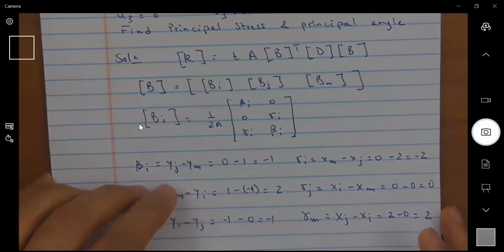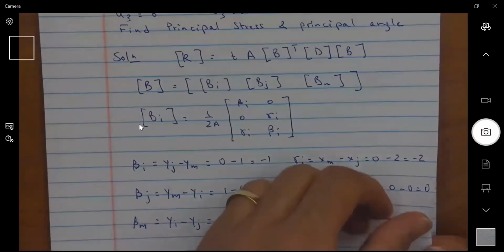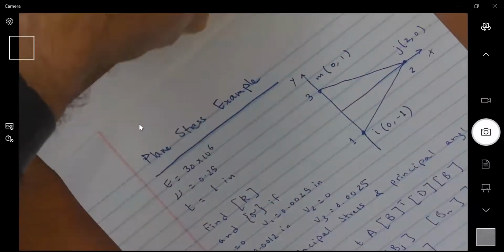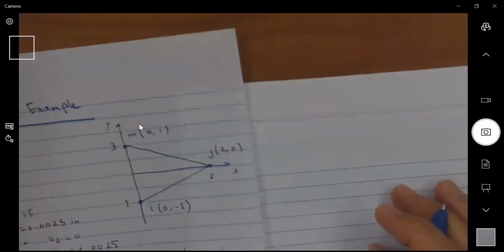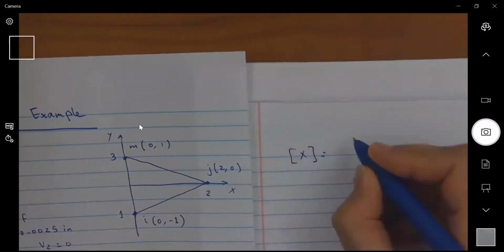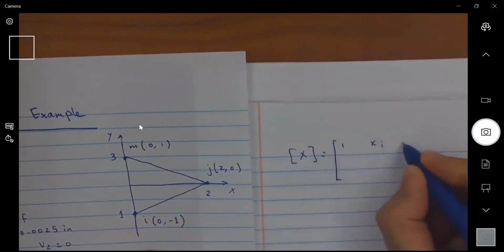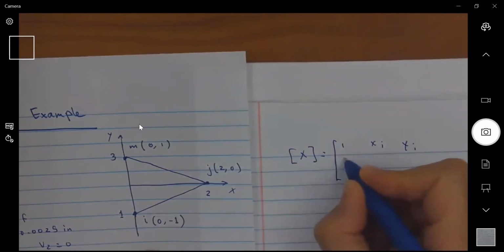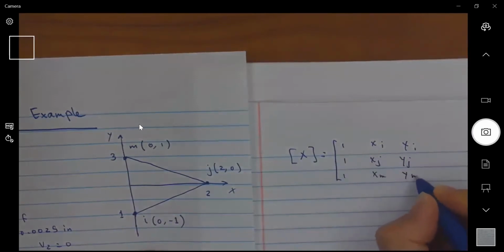And if you recall, 2A is equal to the determinant of the matrix X, where X is equal to 1 xi yi, 1 xj yj, 1 xm ym.